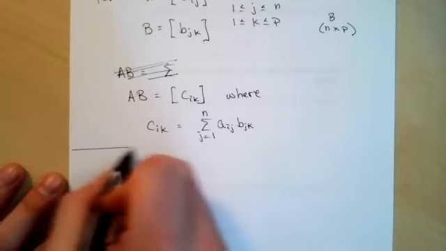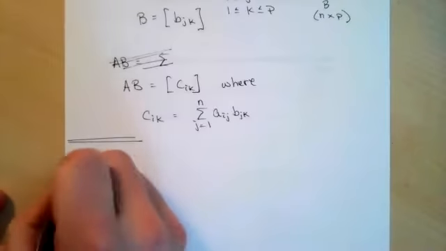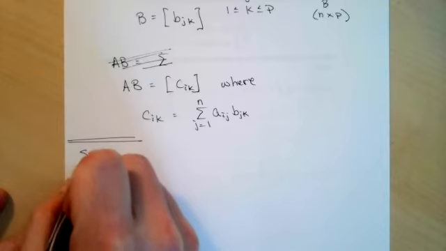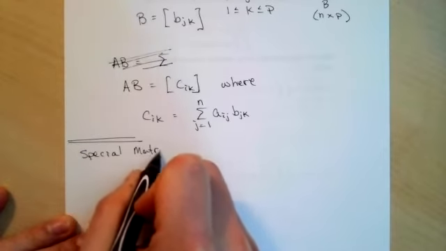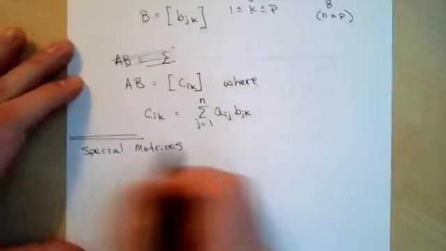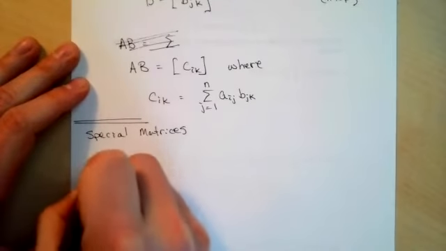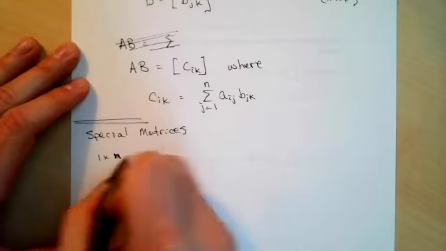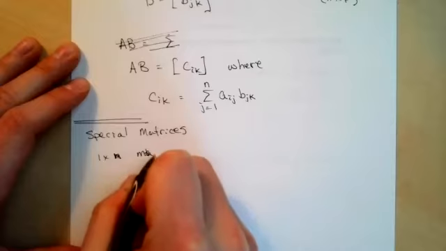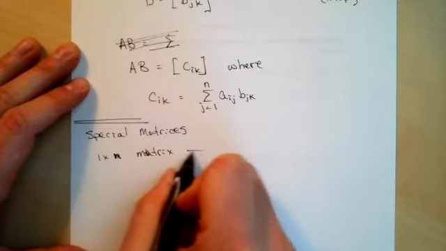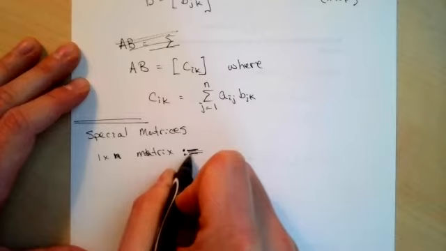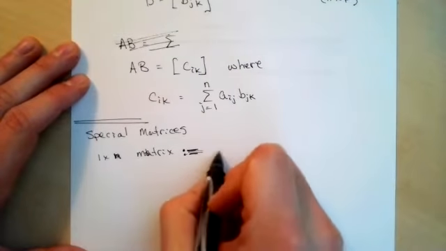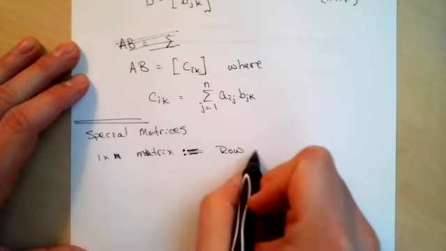Okay, so some special matrices. So a 1 by n matrix, here, let's put a declarative equals, we call a row vector.